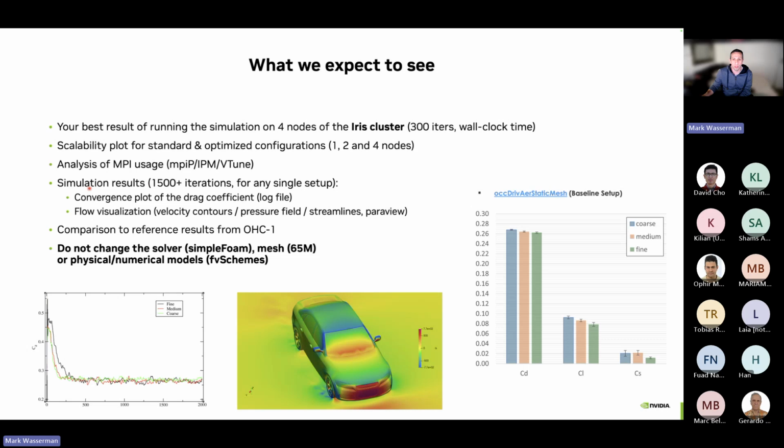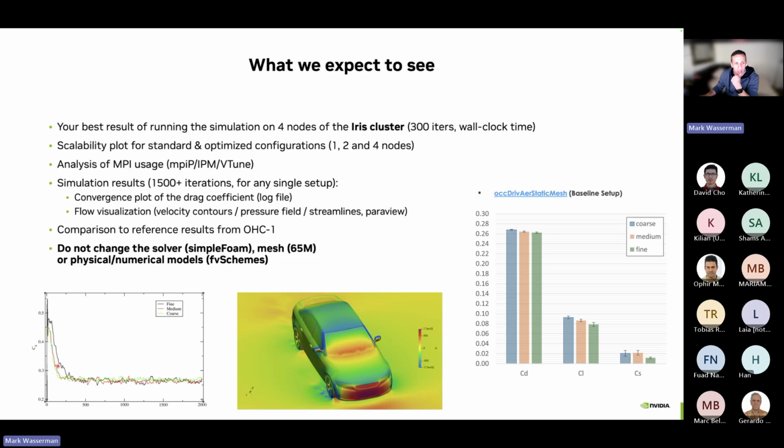The last thing we want to see is the simulation results for a quasi-converged case. And this is in the following form. We want to see some nice images showing the flow around the car. And you can also look at the reference results that were presented for this test case in the OHC challenge.